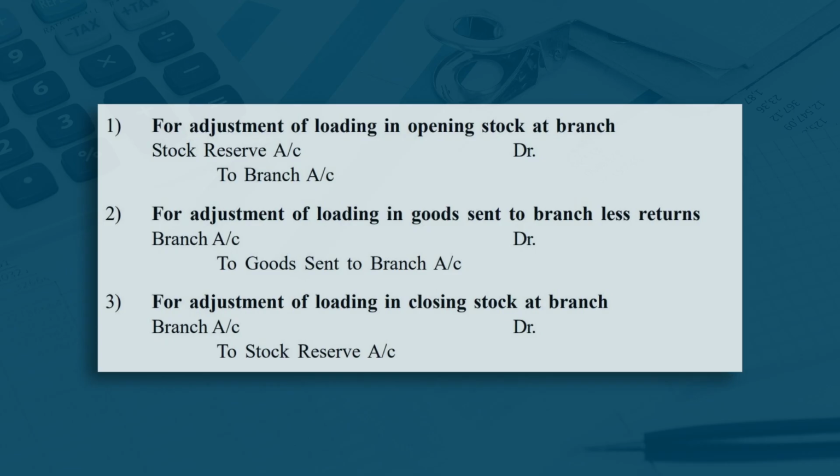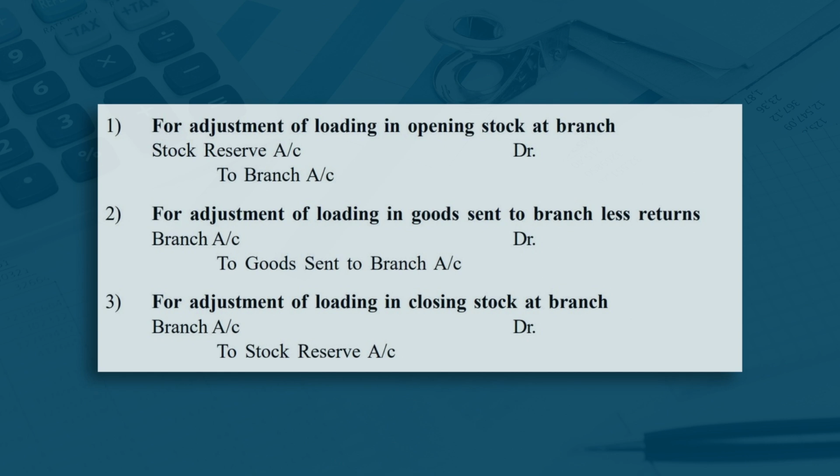Then for adjustment of loading in goods sent to branch, less returns, the following journal entry will be prepared: branch account debit to goods sent to branch. For adjustment of loading in closing stock, yes, now we can check it.